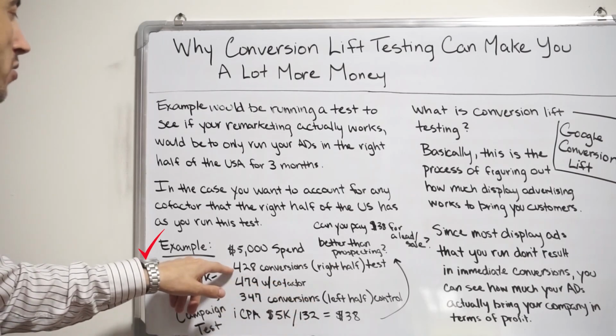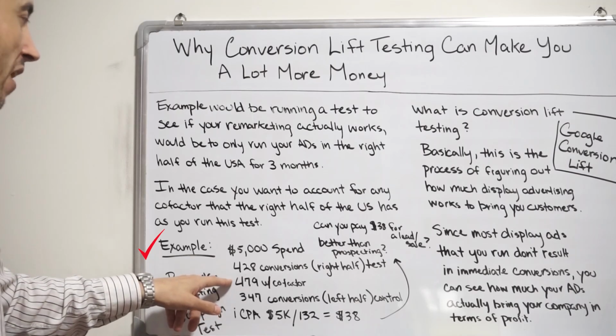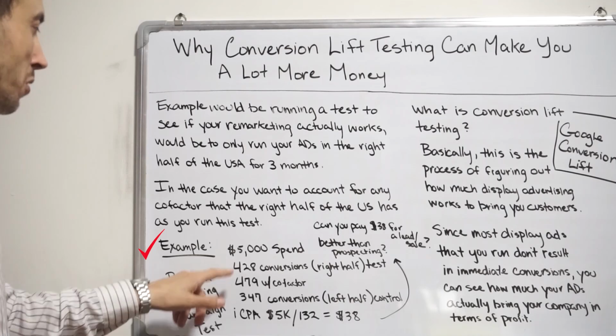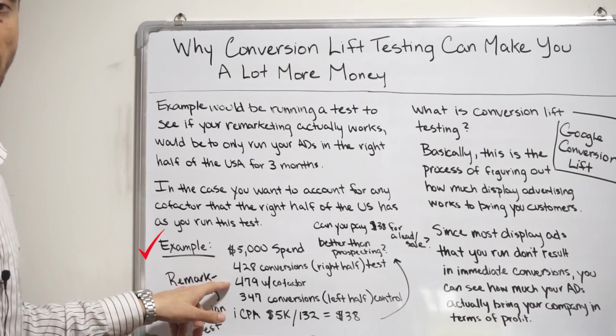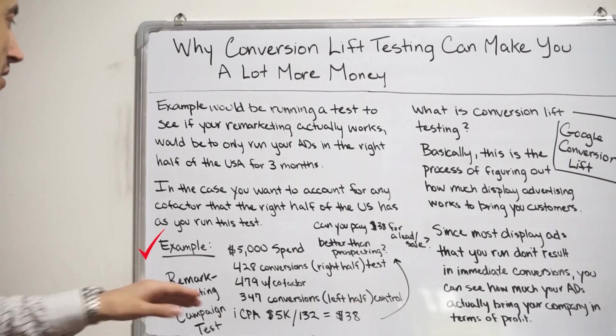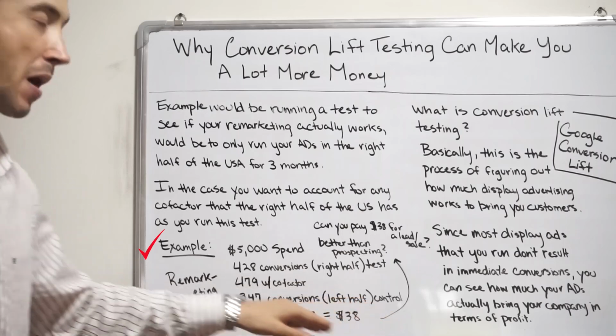So instead of 428 conversions, we rejiggered the number there for the right half of the country, and 428 conversions is really like having 479 conversions for that right half of the country due to itself normally converting less than the left half of the country by about 12%.